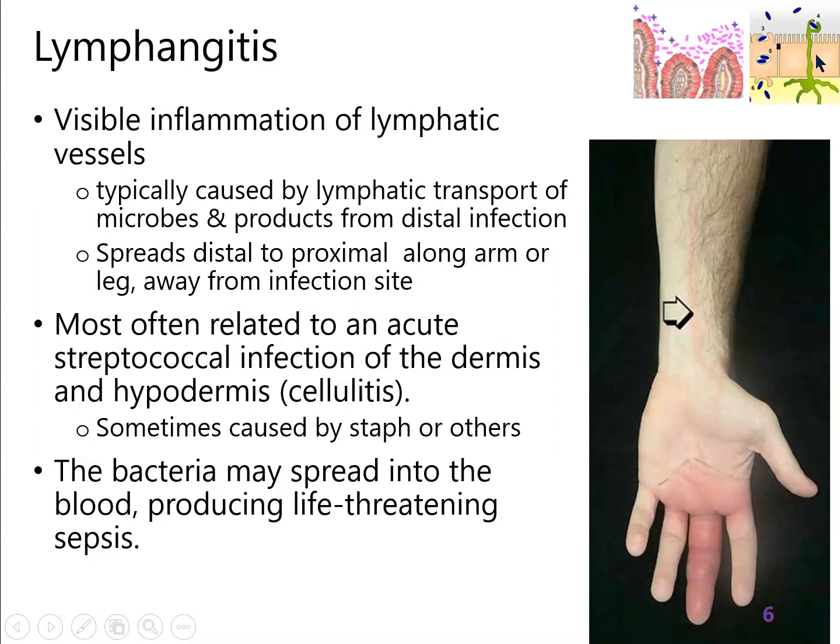There are different ways this can happen. If the bacteria spread from the lymphatic system to the blood, that can be a problem. But this by itself is not a sign of anything severe happening. So this isn't itself blood poisoning. This is really an infection of lymph.